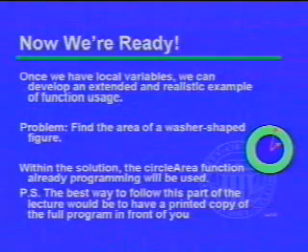There's a picture of it on the right-hand side of the screen. This might be a little physical device with a hole cut in the center like a donut or a metallic washer. Our problem is to find the area of the ring, that is the area between those two concentric circles, the green part. Okay?